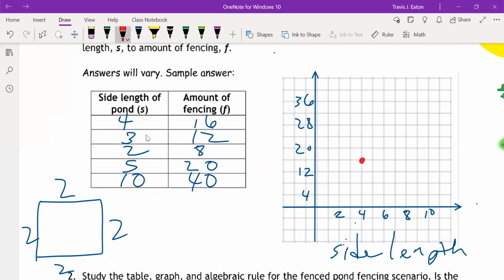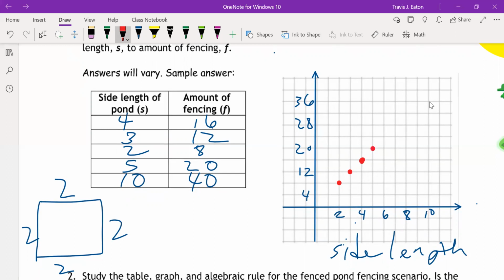And 3 feet would be 12. So here's 3 feet up to 12. All right, 2 feet would be 8. So 4, 8, right there. 5 feet for the side length would be 20. And 10 feet is going to be 40.